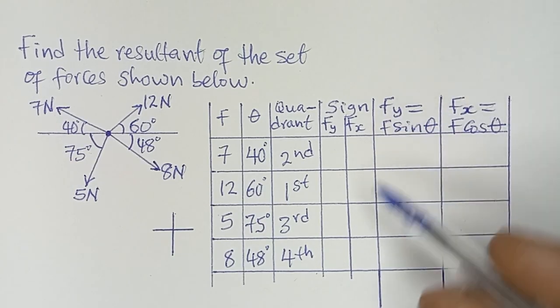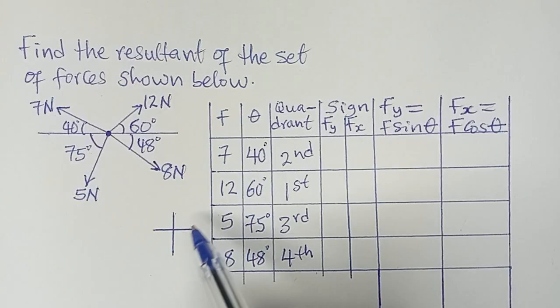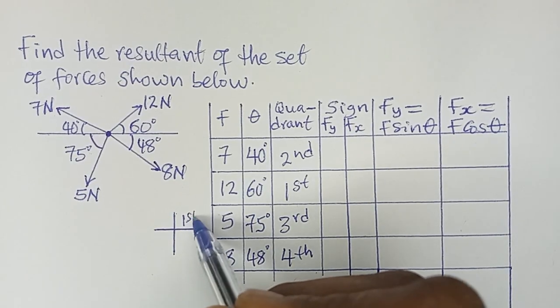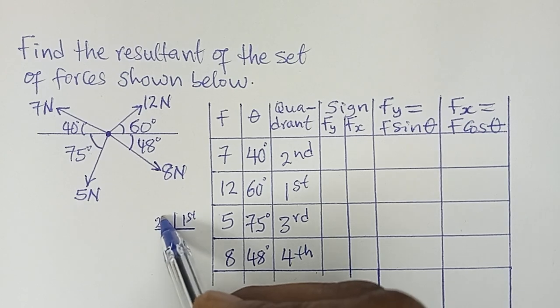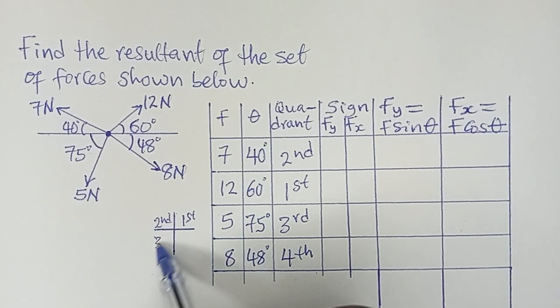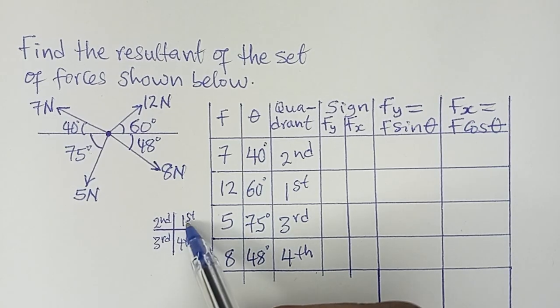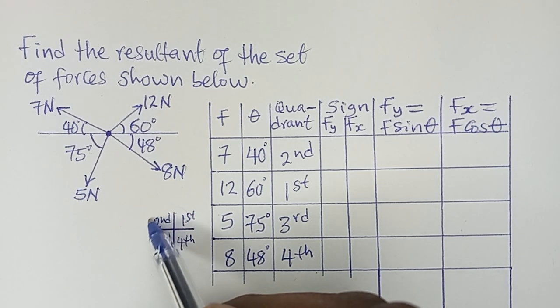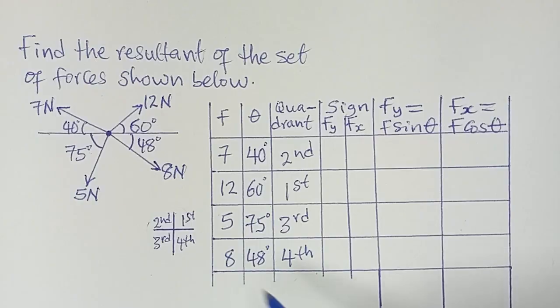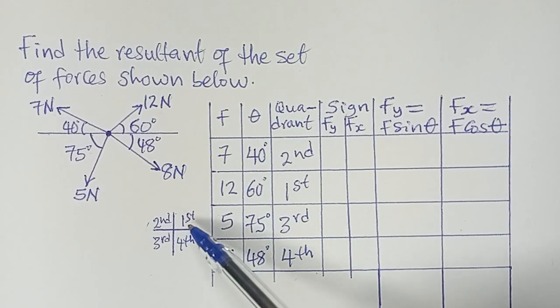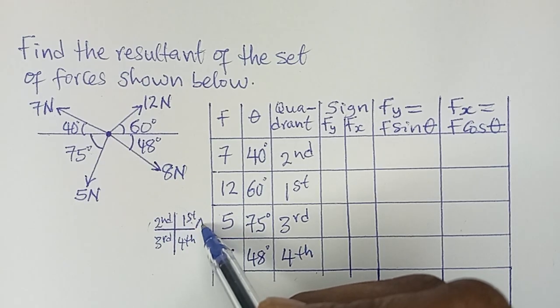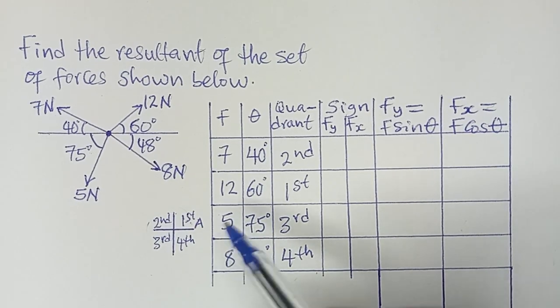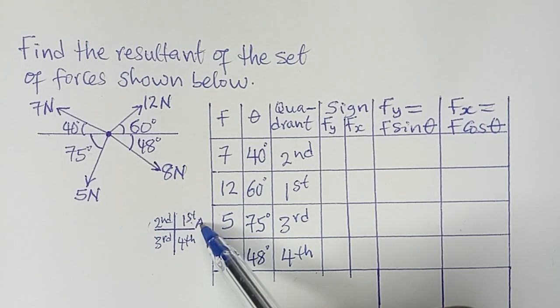For this, you should remember that this is our first quadrant, this is the second quadrant, this is the third quadrant, and this is the fourth quadrant, going from this point in an anti-clockwise direction. You agree with me that here, all of them are positive, that is cosine, tangent, and sine. They are all positive here.